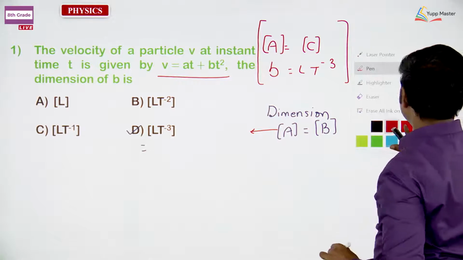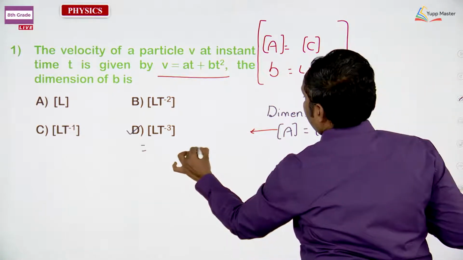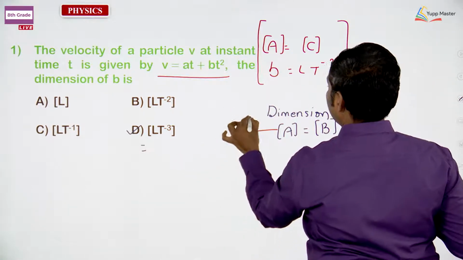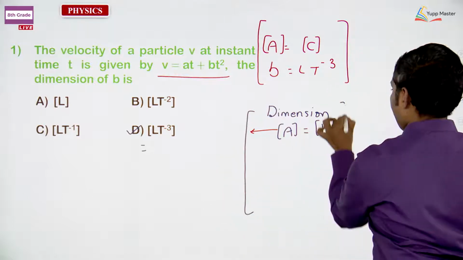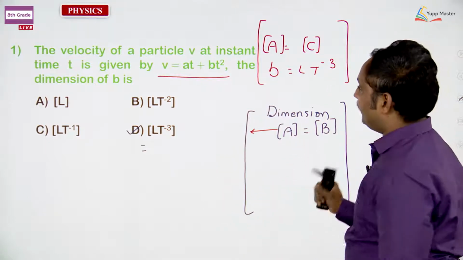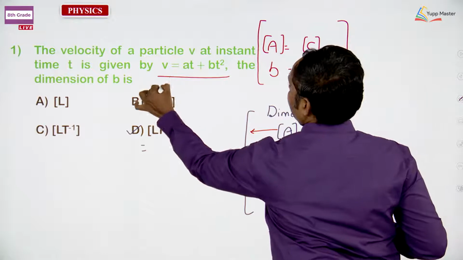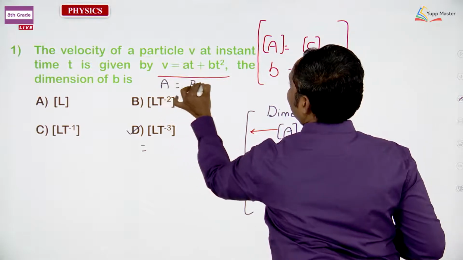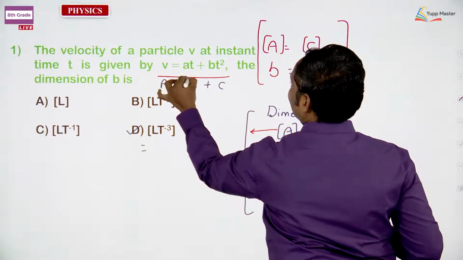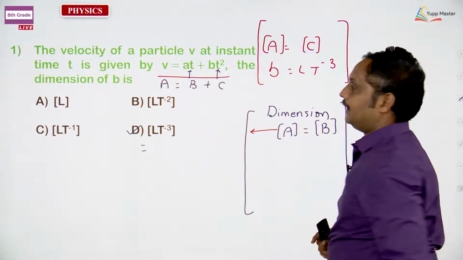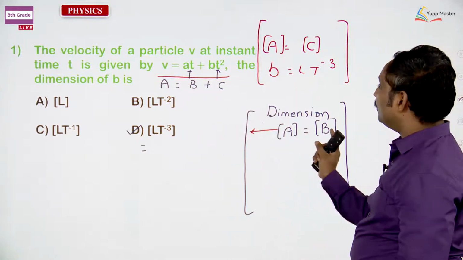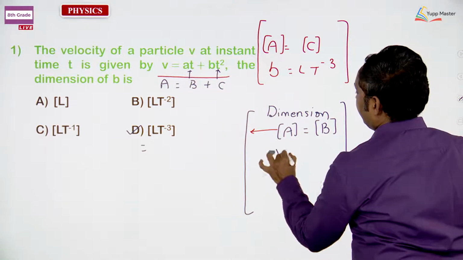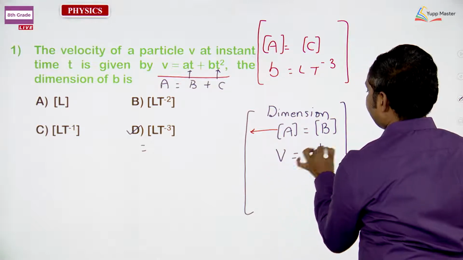If you use A is equal to B, what happens? Let us see. Where A is equal to B plus C, we are using this one, very simple. We have taken A is equal to B, that is V is equal to AT.